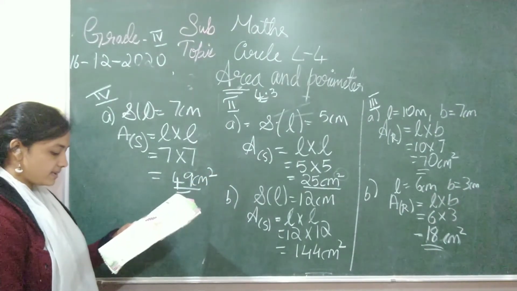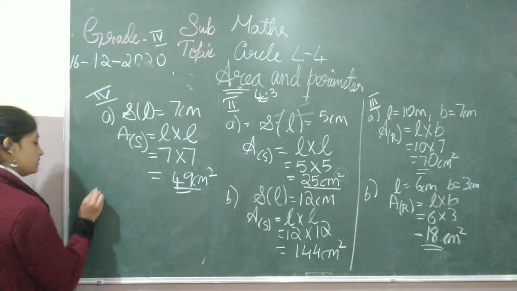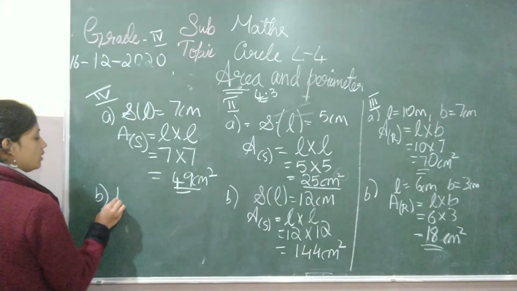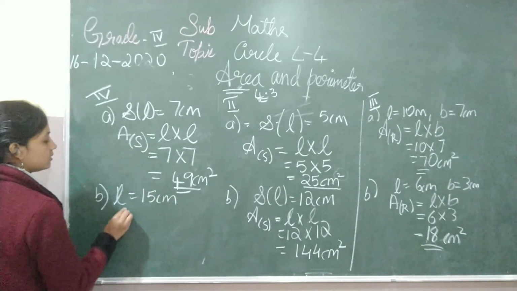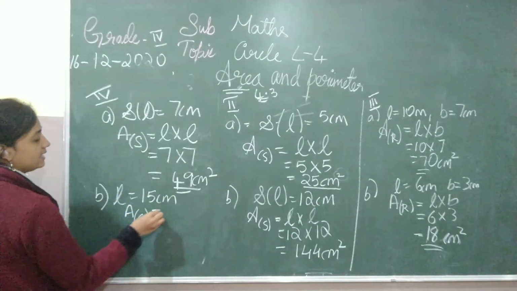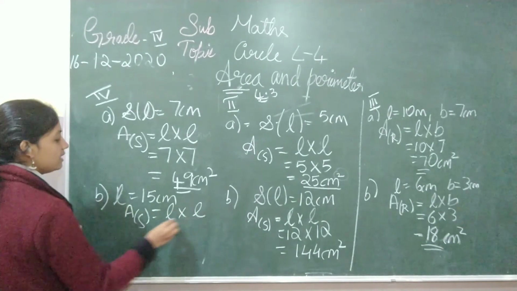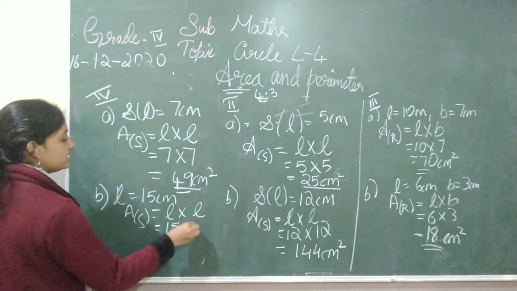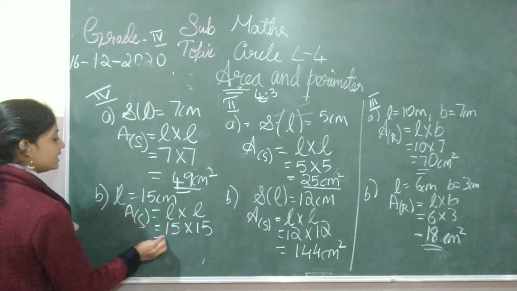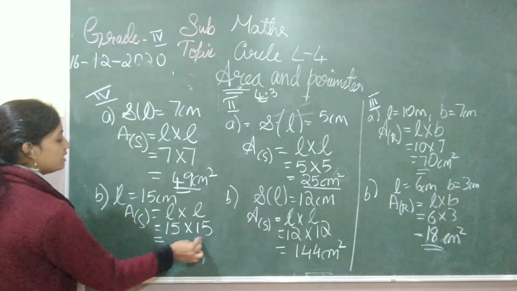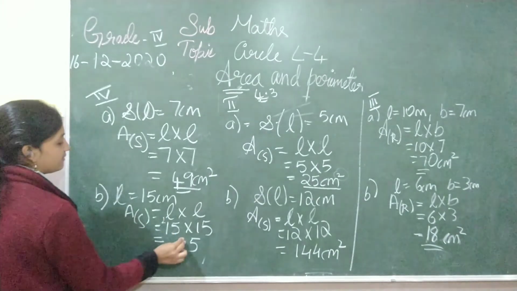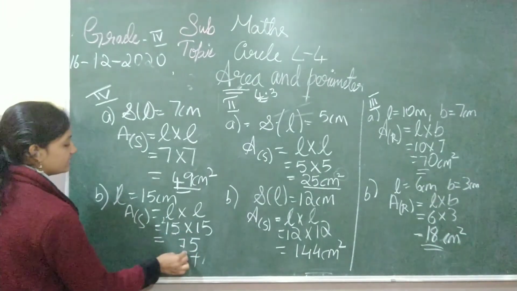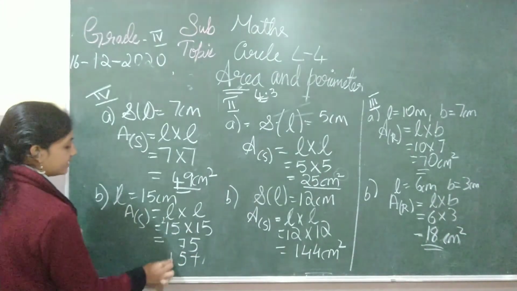So let me take a bigger number like 15, second one. So L is equal to 15 centimeter. So area of a square formula is L into L, that is 15 into 15. The answer is 5 fives are 25. 5 ones are 5 plus 2 is 7. Then 1 fives are 5. 1 one is 1.